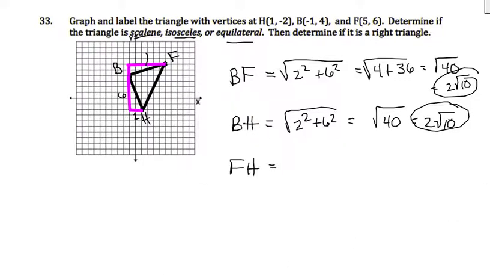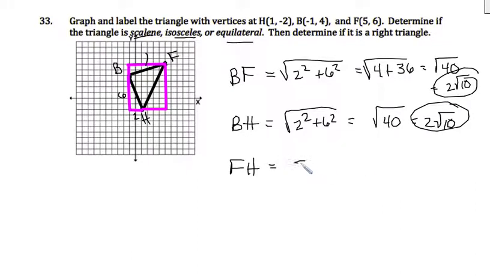Now FH is the one that I thought was not the same, but I can't just assume that it's not. I need to find that length as well. So let's figure out what FH is. Looks like we're going down 1, 2, 3, 4, 5, 6, 7, 8, and then over 1, 2, 3, 4.